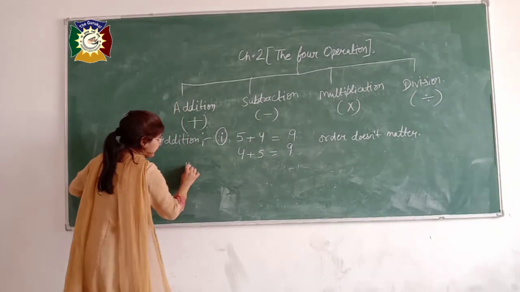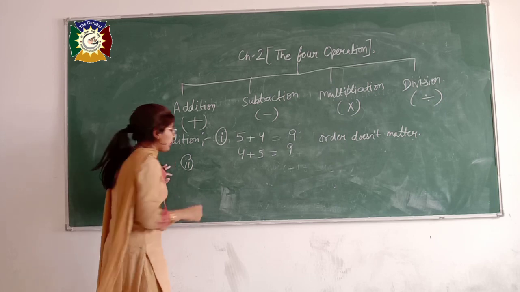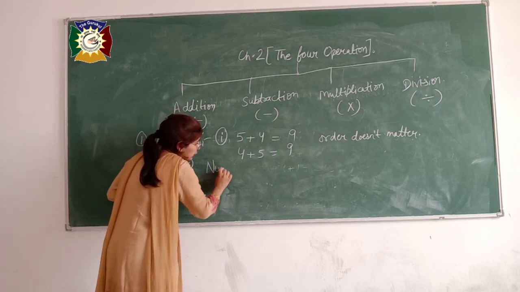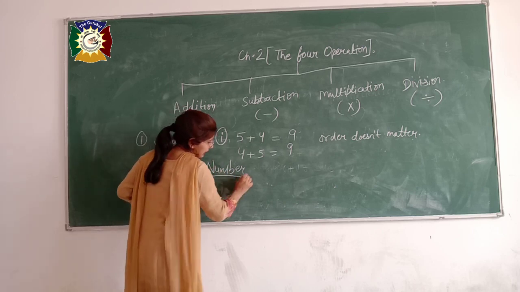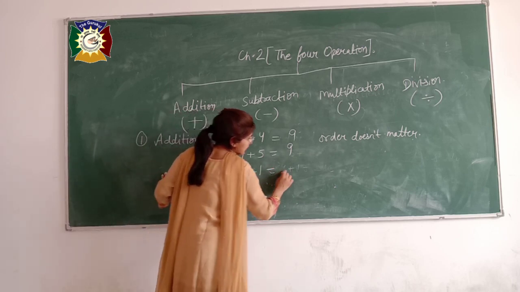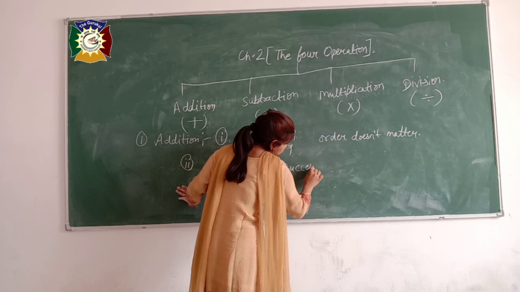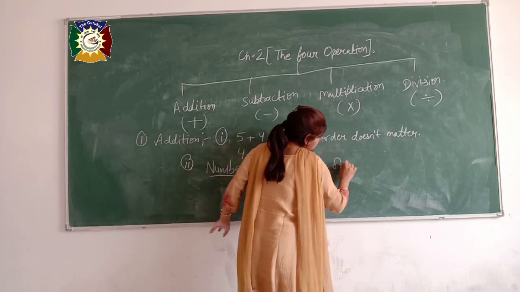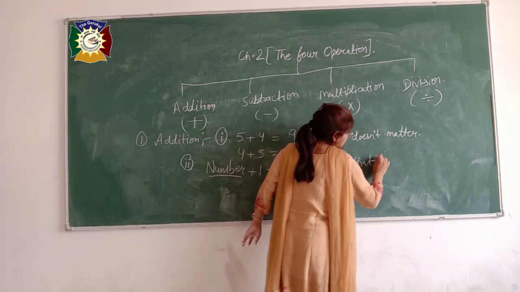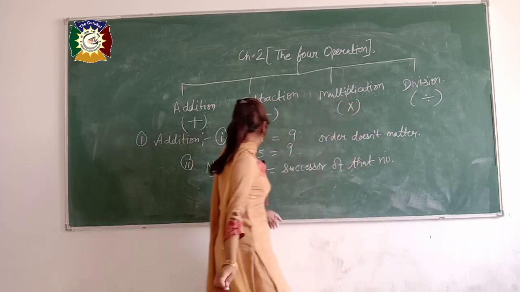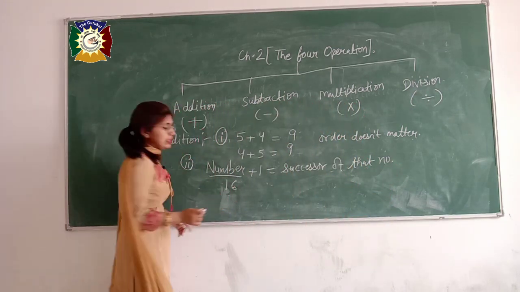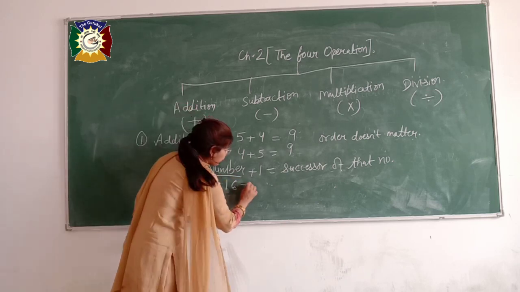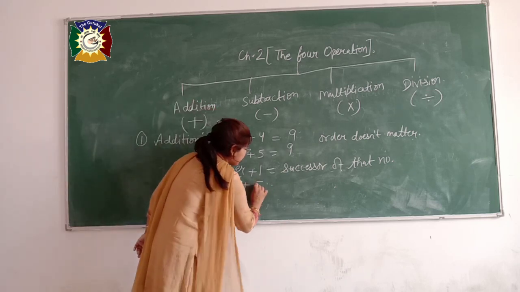About the second property: when you are adding 1 to any number, you will get the successor of that number. Like if the number is 16, and you are adding 1 to it, you will get 17.